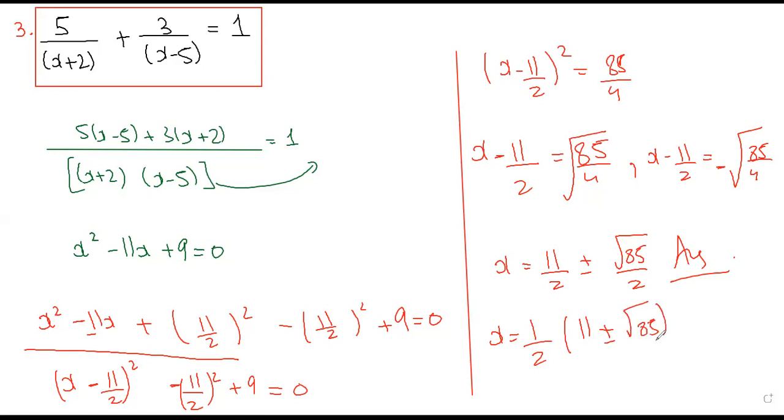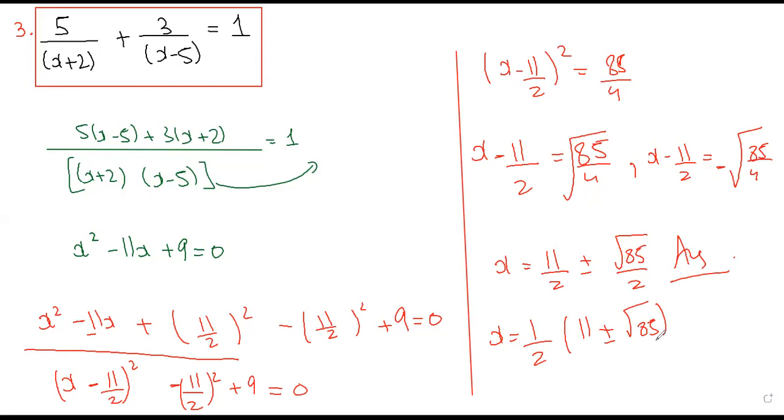This would be the most simplified version. If the examiner is telling you give the answer correct to 3 decimal places, you can always convert this and find the value using your calculator. If the examiner is saying give the exact answer, then this would work. So your method was absolutely correct. This is also correct. It totally depends upon the question statement.